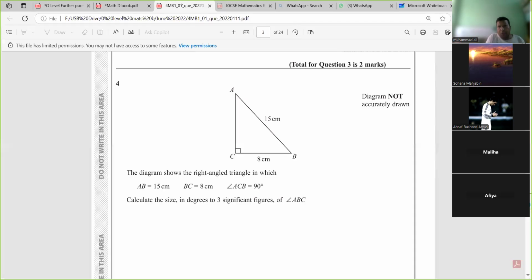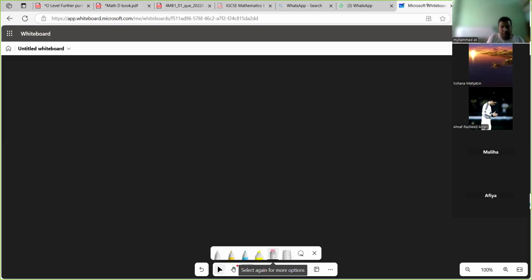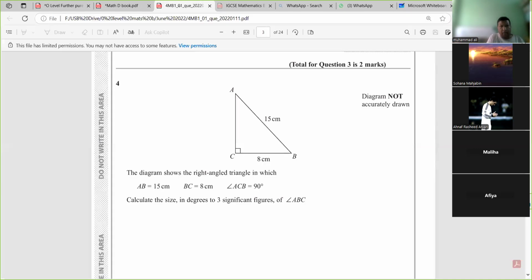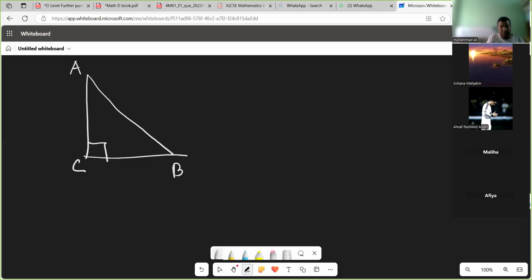To solve this question, at first I draw the figure. It's a right angle triangle. This is A, that one is C, and the point C is the right angle. So this is B. This is 15 centimeters, that one is 8 centimeters. What they want is angle ABC.